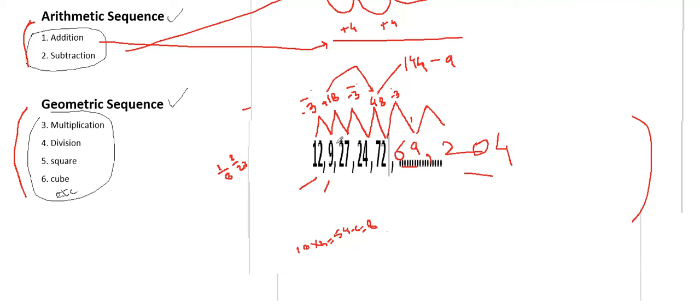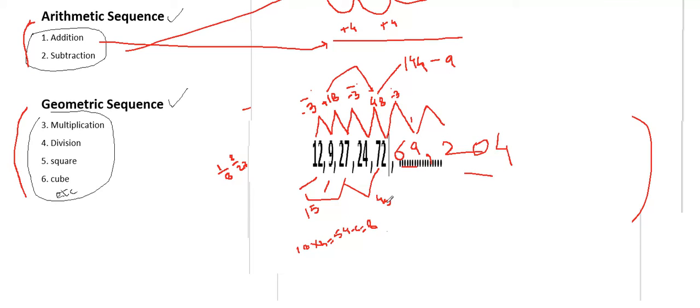So 9 and 27, the distance is 18. But let's see, 27 minus 12 is 15, and 72 minus 27 is, if I use a calculator, 45.